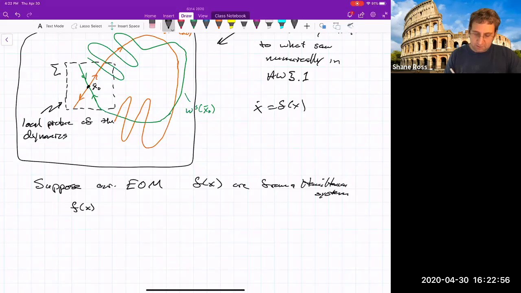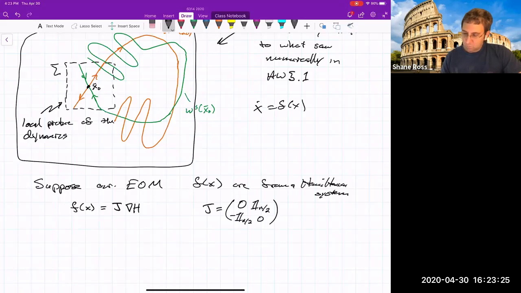That means that f of x, well, first of all, x is in an even dimensional space, and f equals that canonical symplectic matrix J times the gradient of a Hamiltonian function. n is even, so capital N equals n over 2 is the number of degrees of freedom.